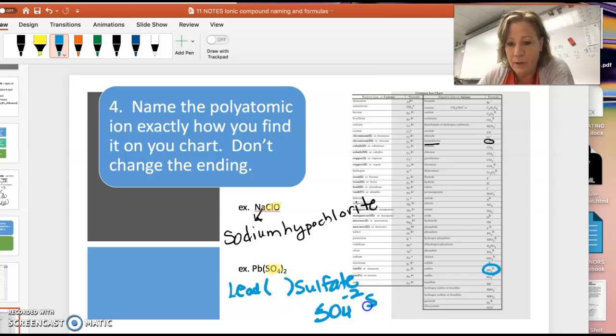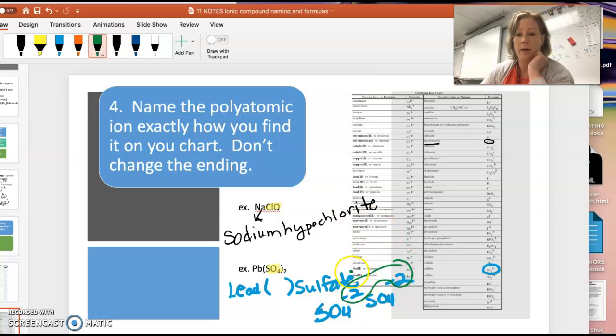If you have 2 of those, then you have a -4 charge. So that means that, just wait now, is that right? Yeah. That means that your lead would have to be +4. Because if this is +4, and then you have these 2, then overall you would add up to a neutral charge of 0.